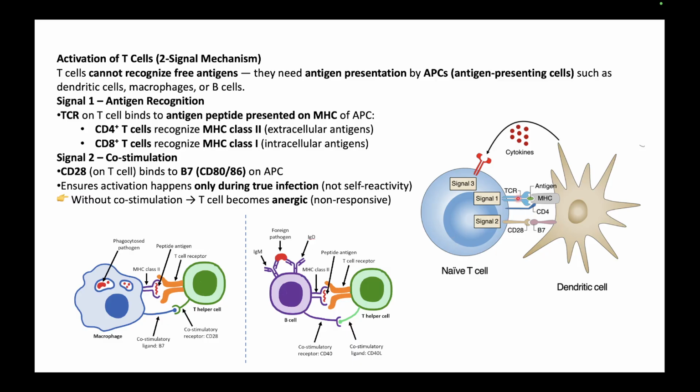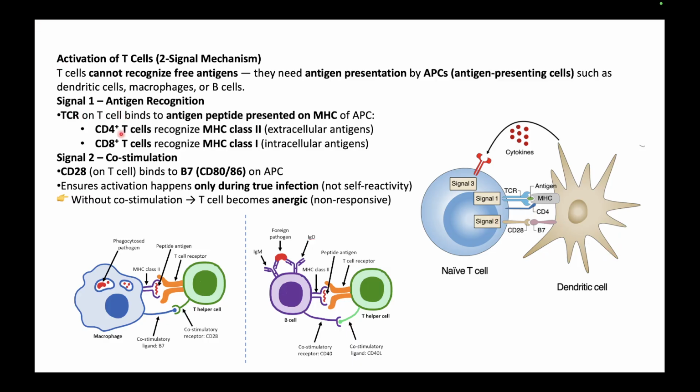For recognition, it has a receptor called the T cell receptor. So the T cell receptor recognizes the antigen which is presented to it by the MHC on the antigen presenting cell. That is the first signal.